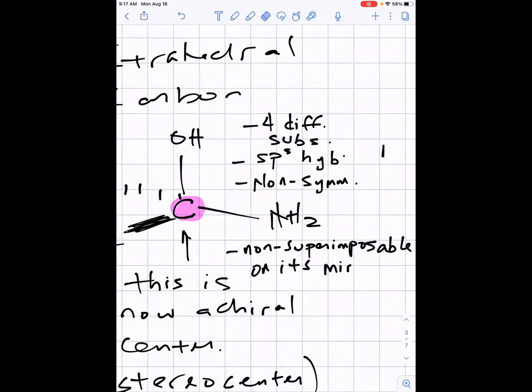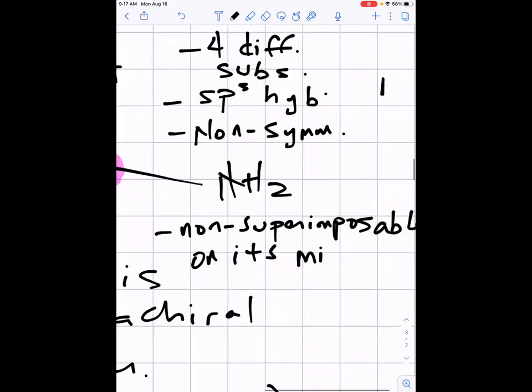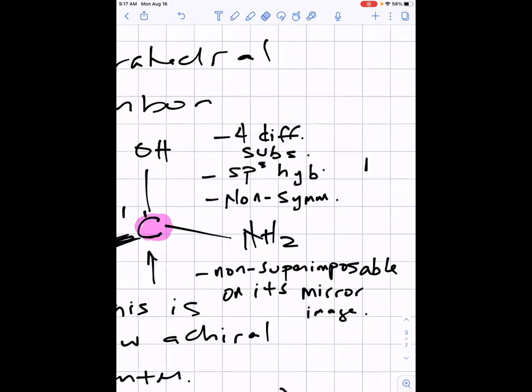That's the big thing that's going to lead us into another type of stereoisomer. Right? So you have 4 criteria that make an atom a chiral center.